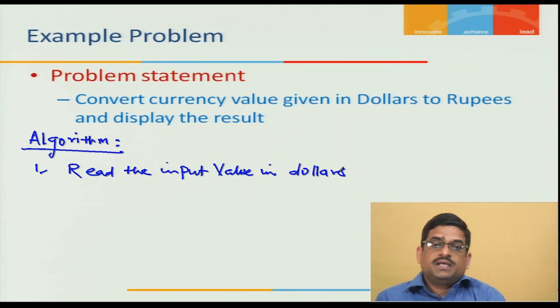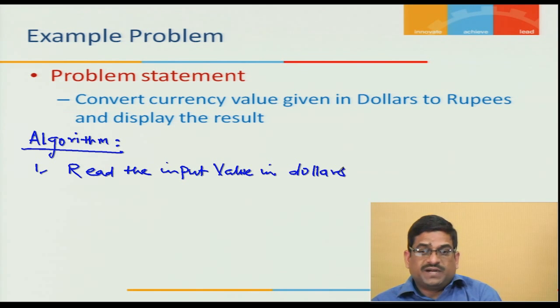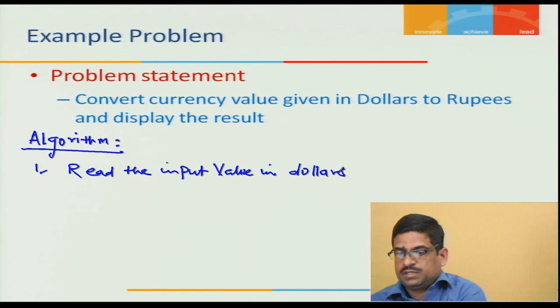I need a statement, in whatever language I am writing the solution, which can read a value from the user when this program is running on my computer.